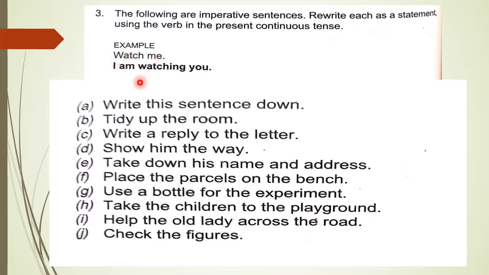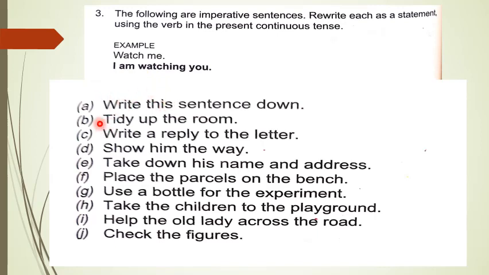For example, the example given in your book is watch me, and it can be converted as I am watching you. So you see that watch me is an imperative sentence and it has been converted into a declarative sentence, and also the present continuous form of the verb has been used.